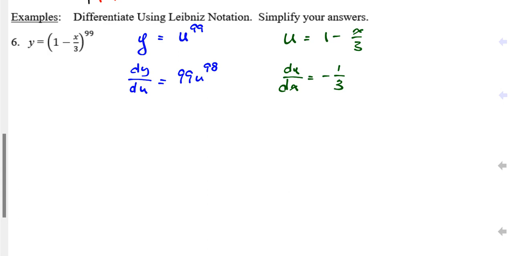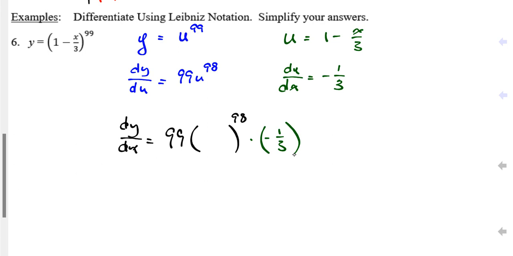And then we want dy dx, which will be 99 u to the 98 times negative 1/3.